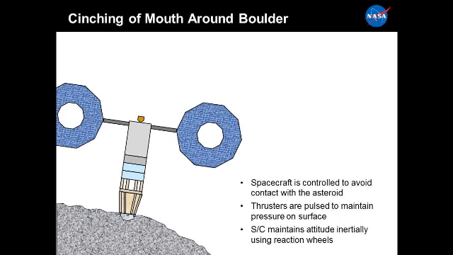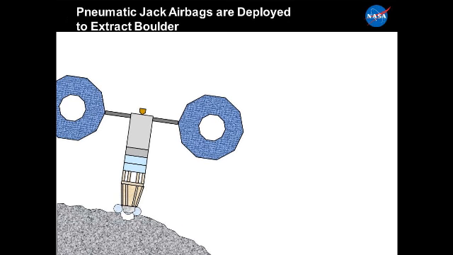We're held down with thrusters, and we maintain our attitude inertially with our reaction wheels. Next chart. Now this is really the interesting part, and again, where the inflatable really provides some real special value.